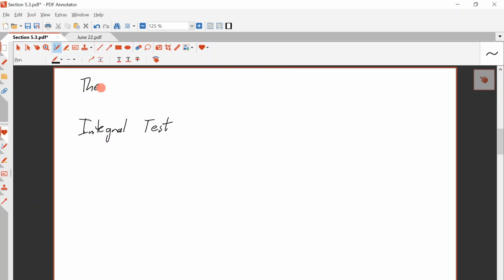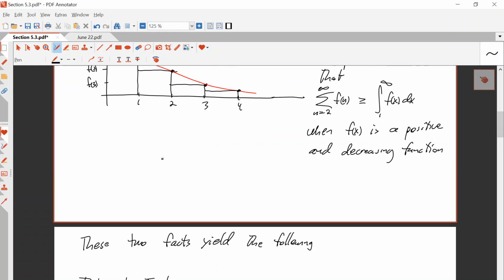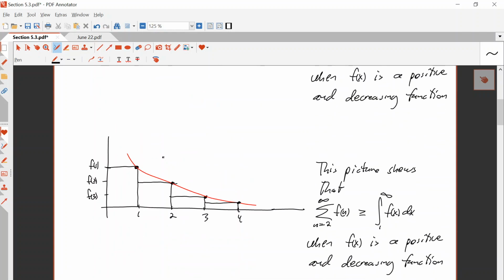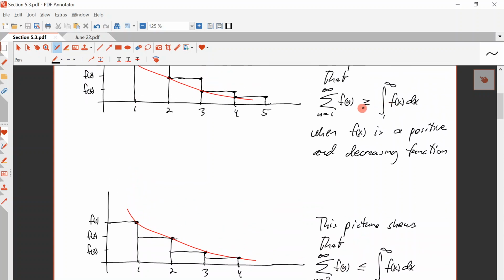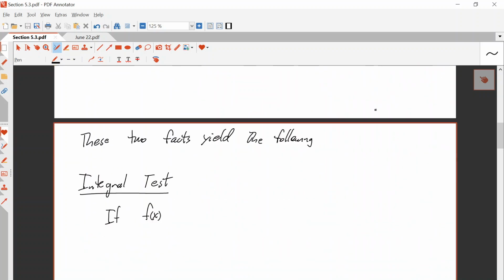So these two facts yield the following. All right, so the integral bounds the series from above, and it bounds the series from below, give or take one term.